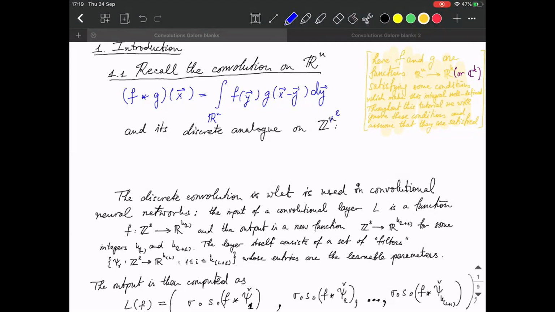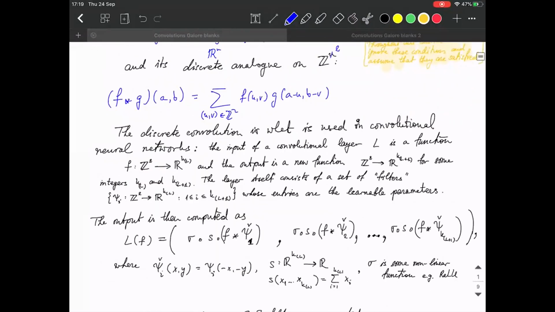In that case, we have the convolution formula like this. Here, instead of the integral, we have the sum, and we have f(u,v) and g(a minus u, b minus v). Again, for this sum to converge, we need f and g to satisfy appropriate conditions.